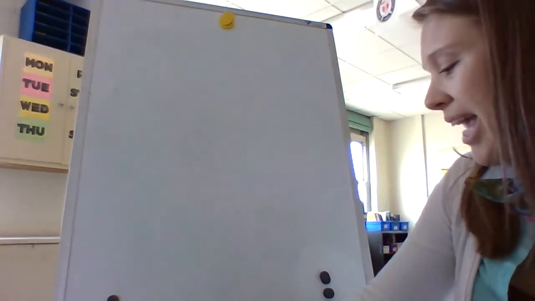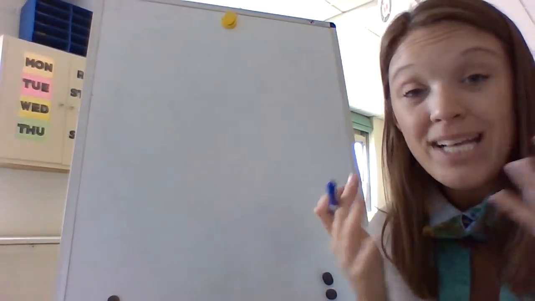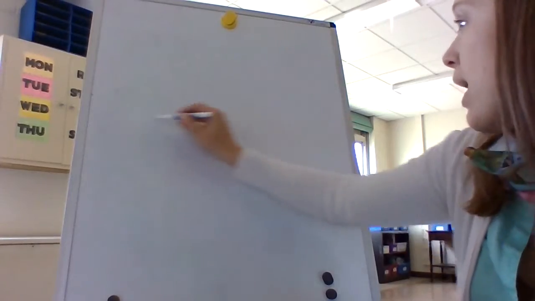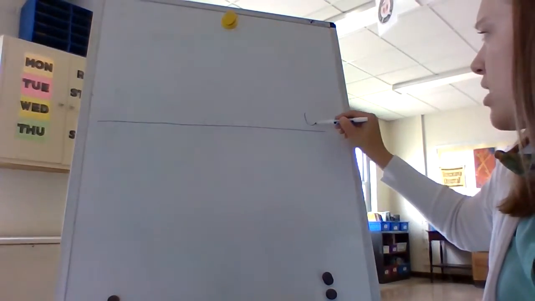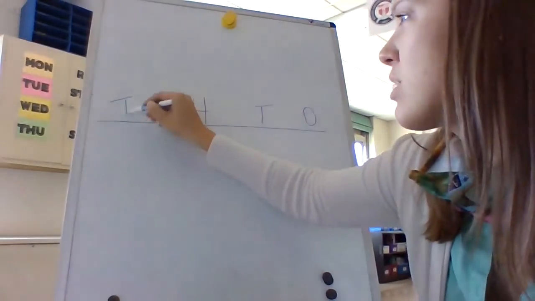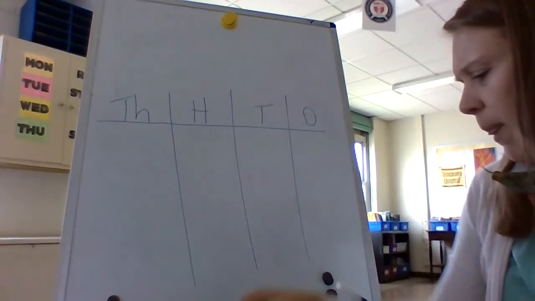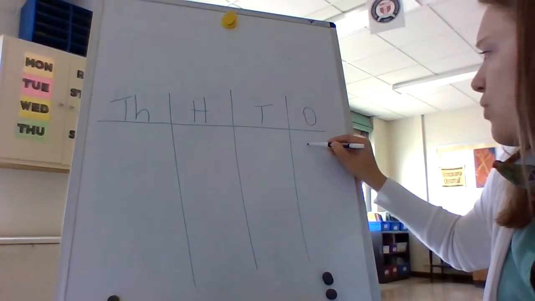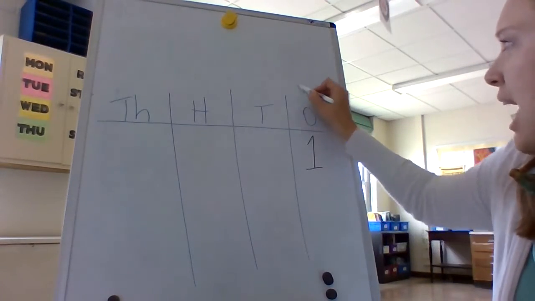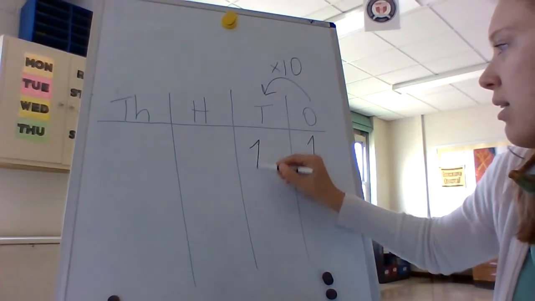Whenever we go to a larger place value, the value is actually increasing 10 times. So if you think, here's my ones place, tens place, hundreds place, thousands place. The ones place, we can use like the number 1, right? Well, what's 10 times as many as 1? 10, right?